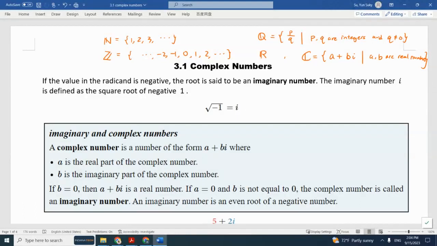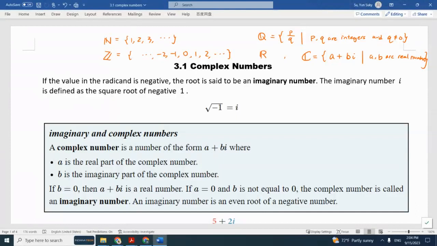Because the graph of square root of x, like that, has domain greater than or equal to 0. So if we have a negative number inside the square root, there is no real solution. Today we talk about complex numbers, so we allow -1 to be in the square root. This will give us i, the imaginary number.